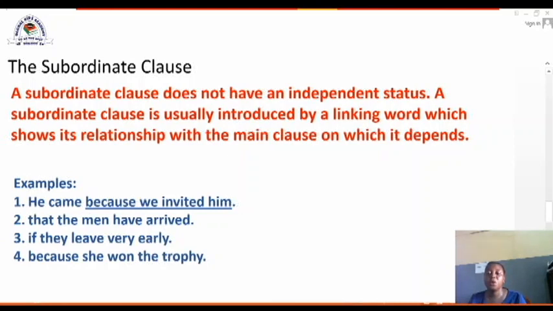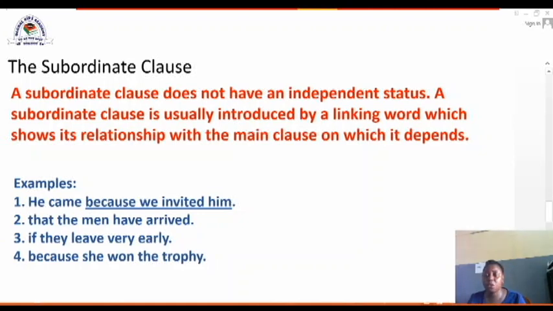The example on the screen is, he came because we invited him. In example 1, the underlined part of the sentence is because we invited him. That's a subordinate clause introduced by a linking word, which is also a conjunction, because. Because we invited him is a subordinate clause that does not have an independent status.